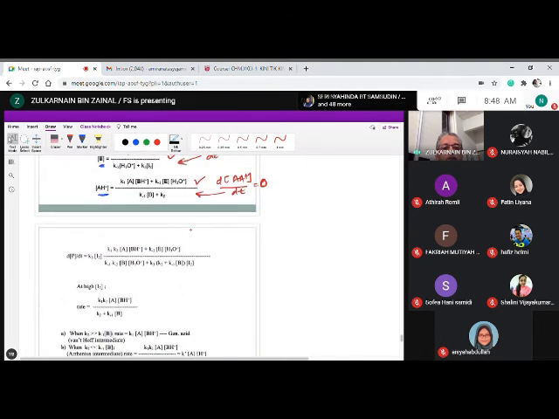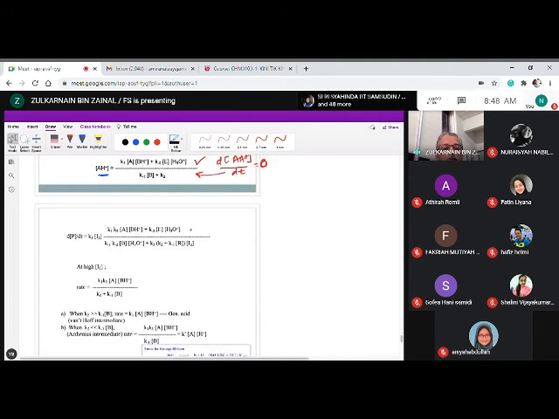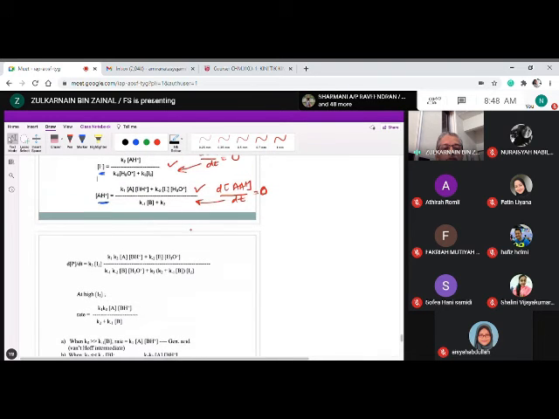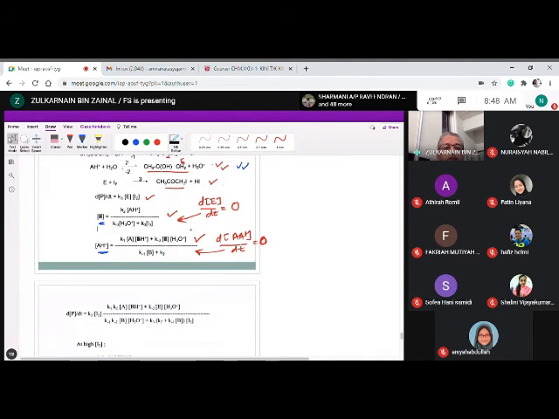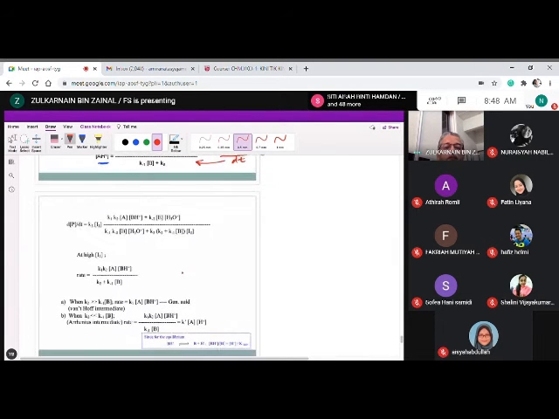Then you put all of them into the rate equation to replace E and also AH plus, and you get the rate in terms of the concentrations of the species that can be measured in the reaction.